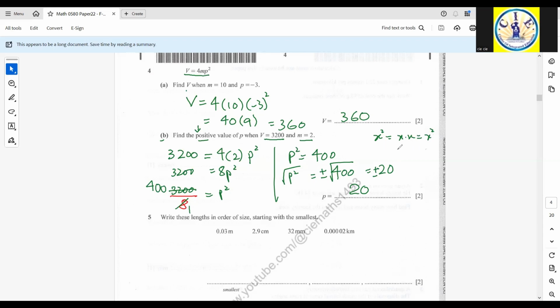And when you multiply a negative number, negative x times negative x, again you get positive x squared. So when you take the square root of x squared, it will give us either a positive x or a negative x.